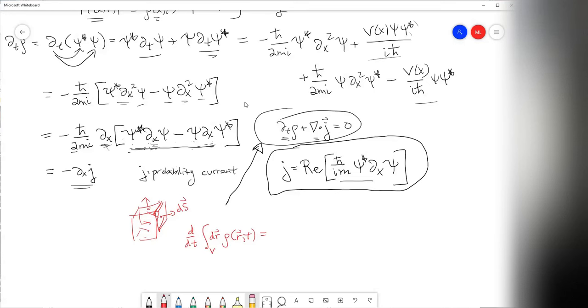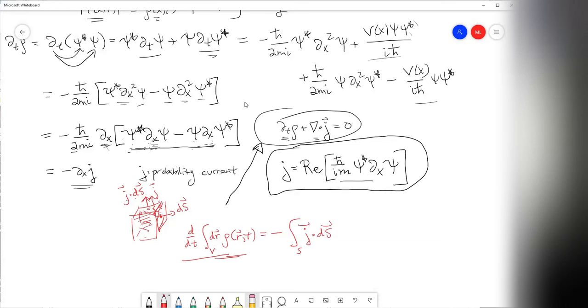Then any change in the total probability in there must be coming from any current that is coming either in or out of the box. We can calculate the current by looking at the surface of the box and calculating the current dotted into this surface element. By convention, the surface element is always out of the volume. So if J dot ds is positive, that means the current is pointing out of the volume, and so we're losing probability. So the change in probability must be minus the integral over the surface of the box of J dot ds, right?